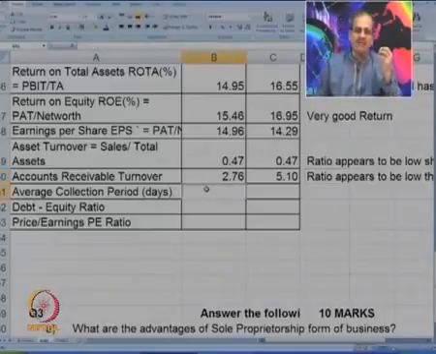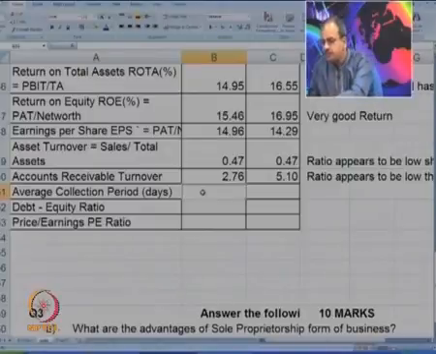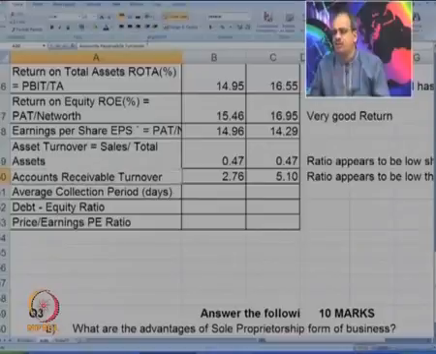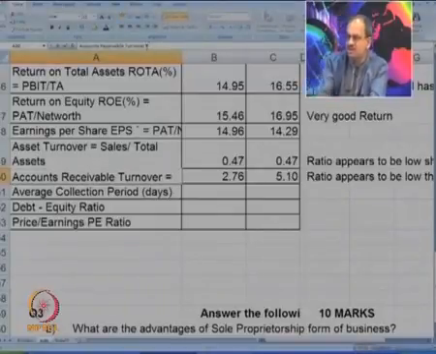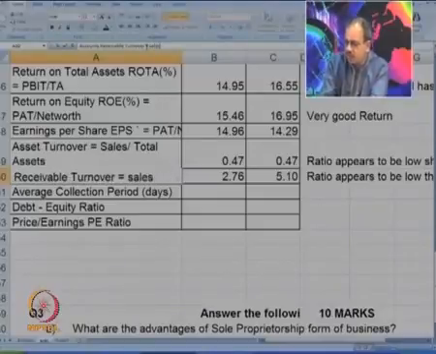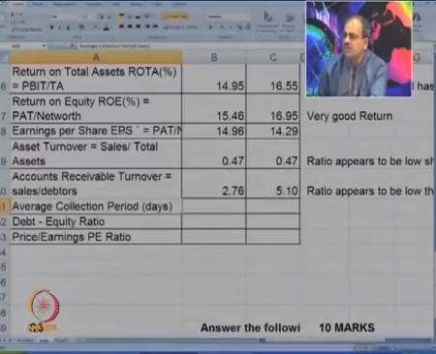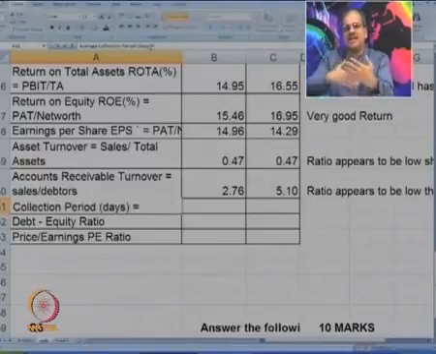Now, let us look at the average collection period. When you look at both the ratios together, you will realize why I am saying it is not so high or it is low. What is the formula for average collection period? I will just write the formula for debtors also, for more clarity. In debtors turnover, it was sales upon debtors, that is accounts receivable. In case of collection period, we are going to do exactly the reverse.